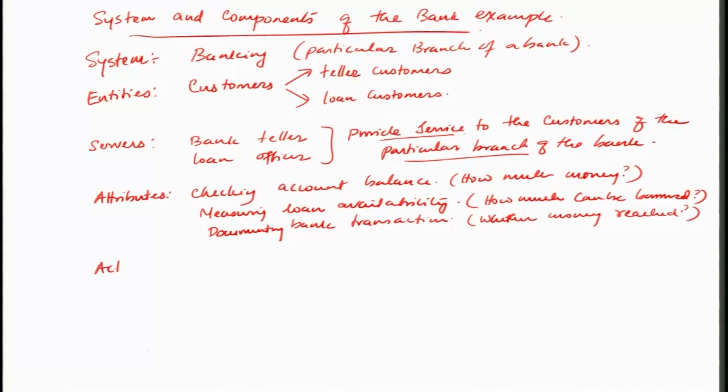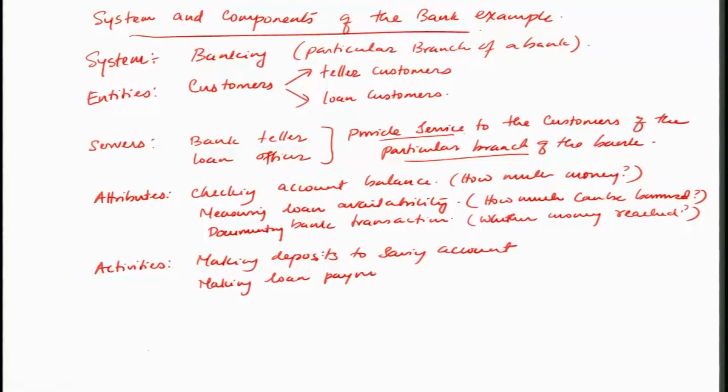Then we can talk about activities. Some of the activities we can think about are making deposits to a savings account, making loan payments, withdrawing from the checking account, putting fixed deposits.